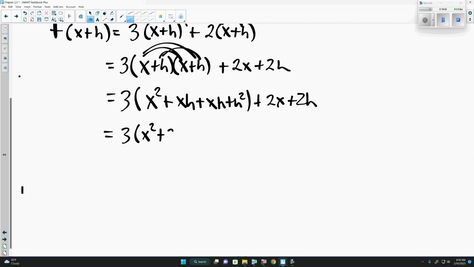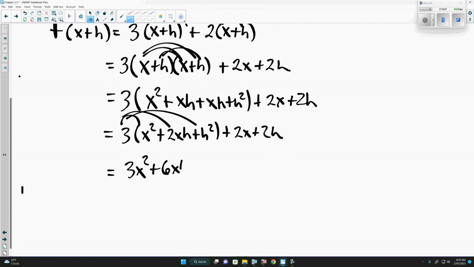So x squared plus 2xh plus h squared plus 2x plus 2h. Lastly, distribute the 3. 3x squared plus 6xh plus 3h squared plus 2x plus 2h.